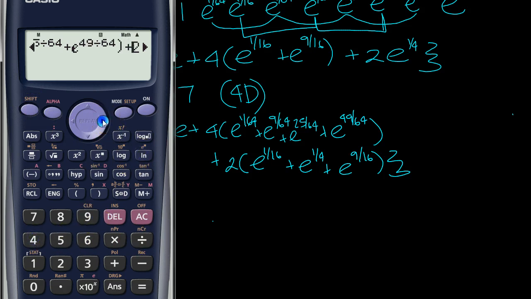Okay, that's the 4 times. Plus 2 times bracket e to the 1 over 16 plus e to the 1 over 4 plus e to the 9 over 16, close bracket, and that's everything done.